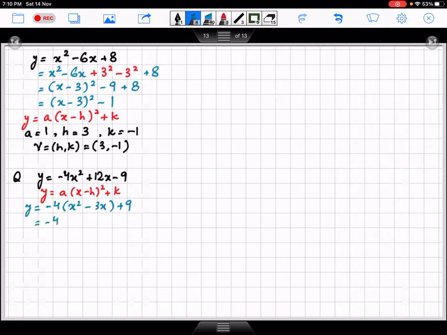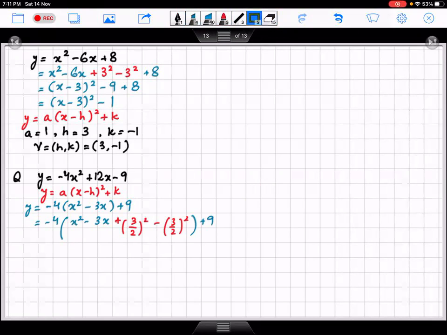Half of minus 3 is basically 3 upon 2. So I should be adding 3 upon 2 whole squared as well as subtracting 3 upon 2 whole squared, while plus 9 remains there.